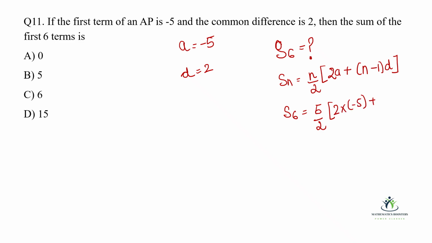Substitute the value. n is 6. 6 minus 1, 5 into 2. This can be cancelled. 3 into (2 into -5 is -10 plus 10). This is 0. 3 into 0 is 0.